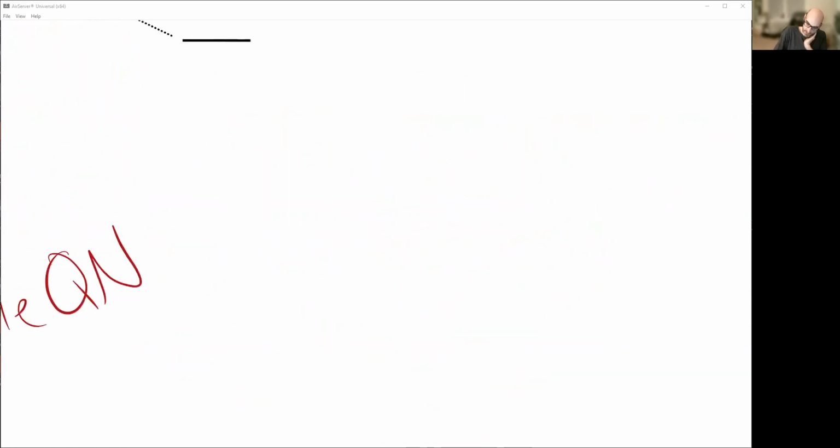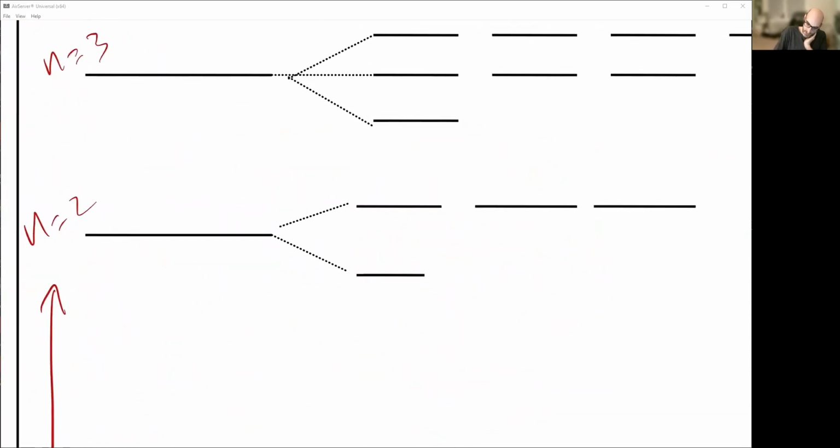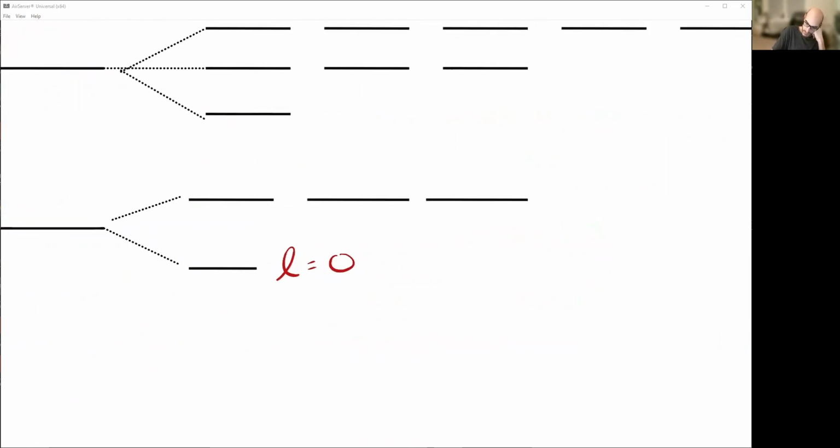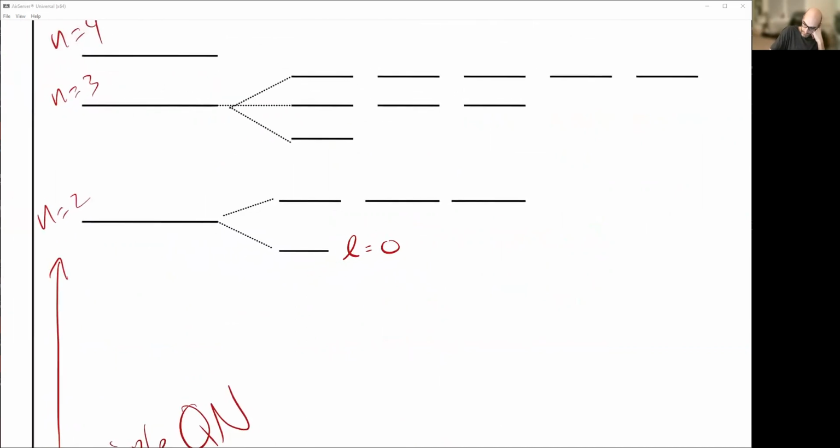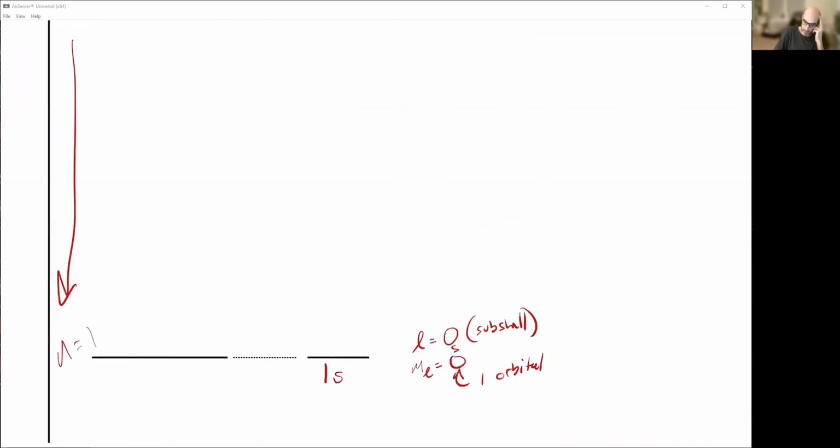So let's move up to the next line. So we know that we have n is equal to 2. Well, if n is equal to 2, then I have two opportunities here. I have L is equal to 0 and L is equal to 1. m sub L is equal to 0. So this is my 2s, and I only have one orbital there.